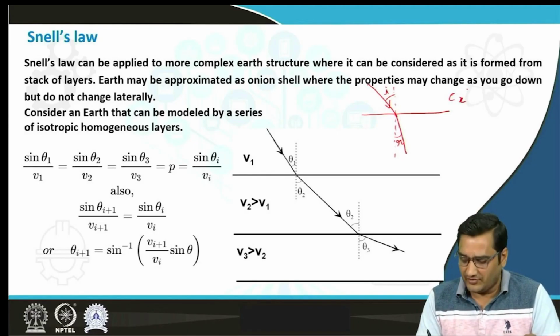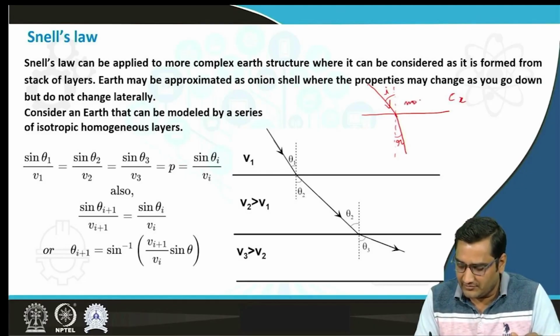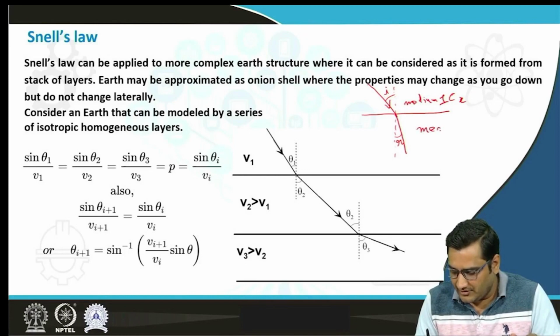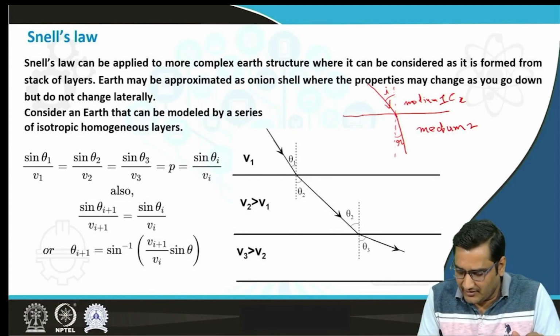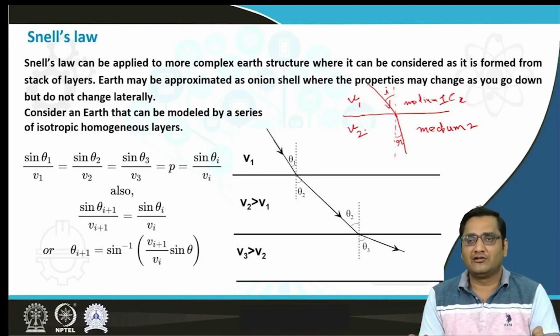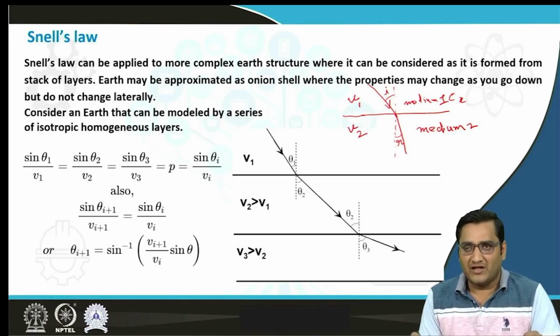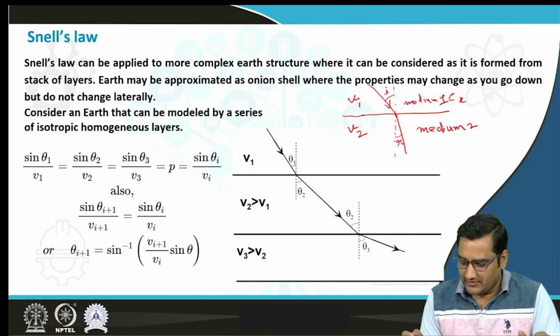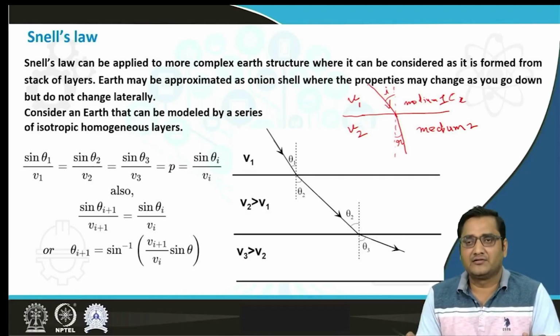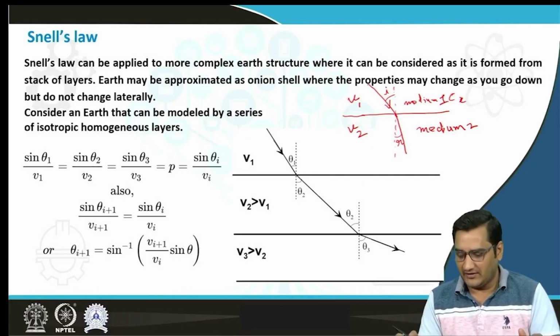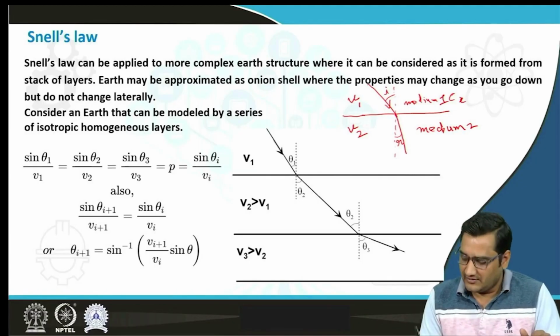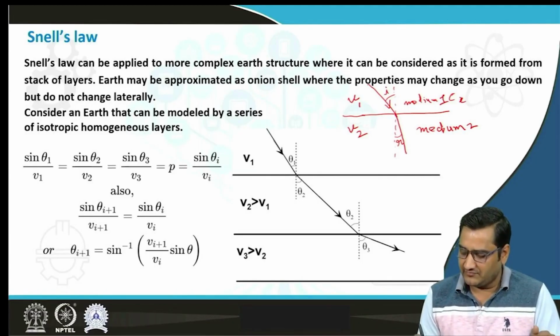Then we can equate the horizontal apparent velocity, that is Cx, across this interface. Suppose this is medium 1 and this is medium 2, and in medium 1 the velocity of the wave is V1 and in medium 2 it is V2. Then Snell's law, if we impose the continuity of Cx, means Cx in medium 1 and medium 2 should be equal.